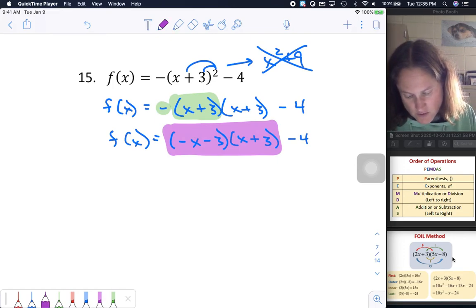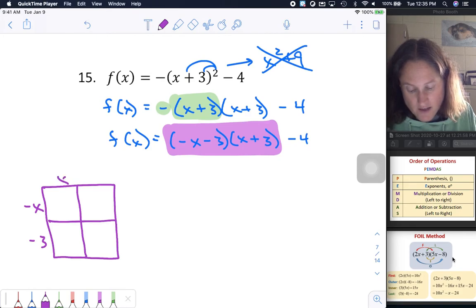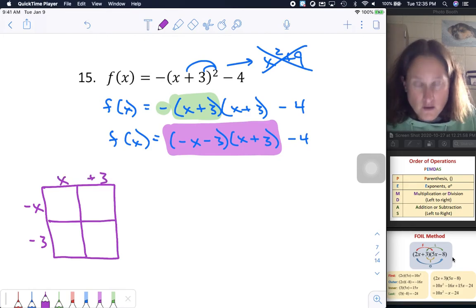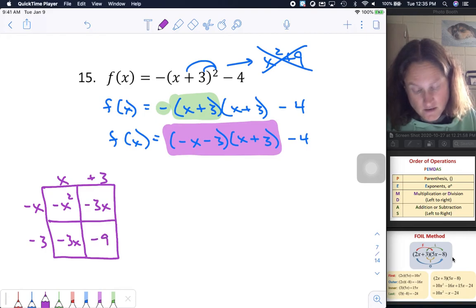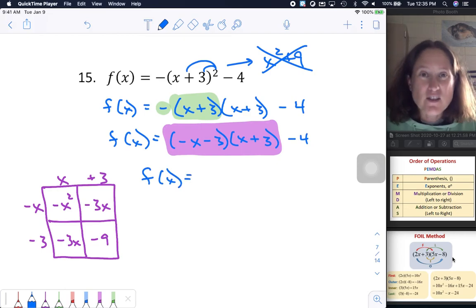This time I'll go ahead and use the box method. So on one side I have negative x and minus 3. On the other side I have x plus 3. Do the multiplication, the area, I get negative x squared, negative 3x, and minus 9.